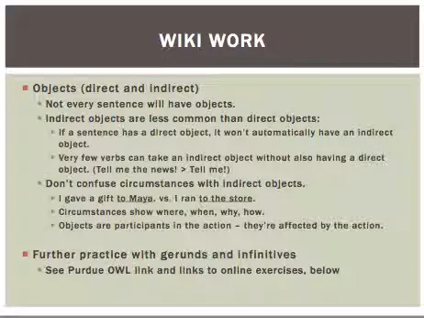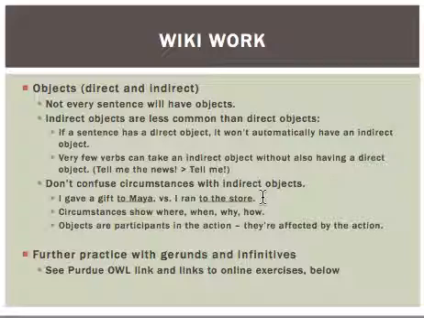We have another sentence, though. I ran to the store. In this case, to the store is a circumstance. Remember, circumstances show us where, when, how, and why. So in this case, this circumstance, to the store, is telling us where. Notice that Maya, on the other hand, is a participant.